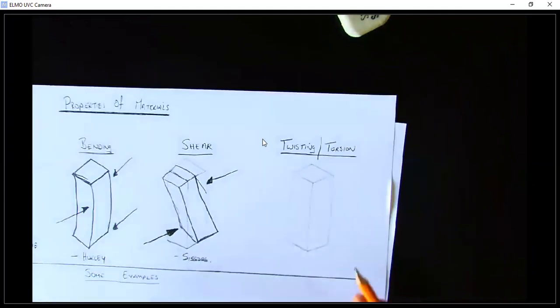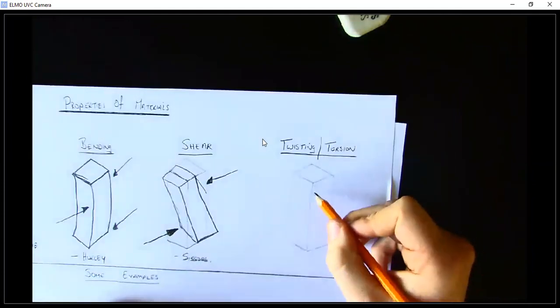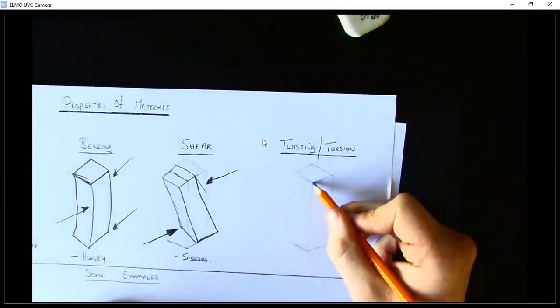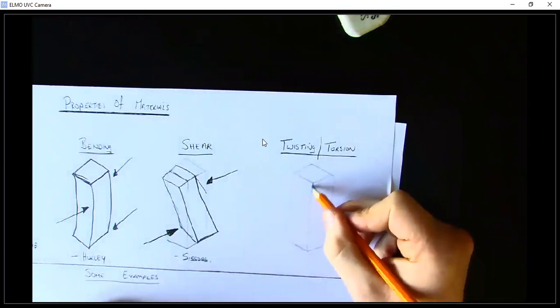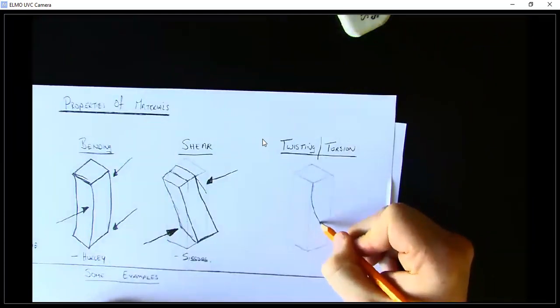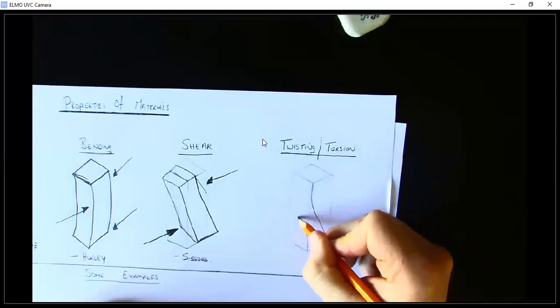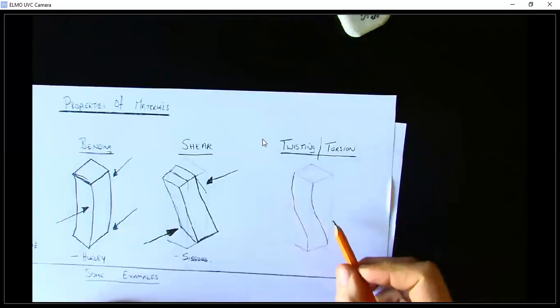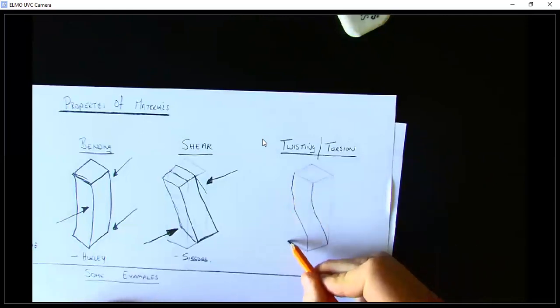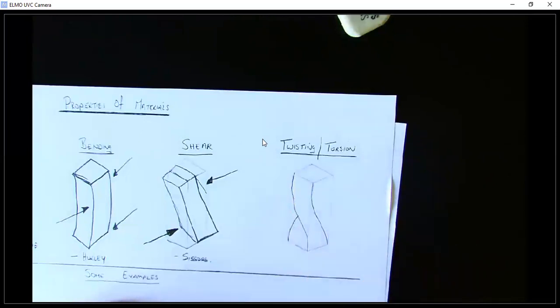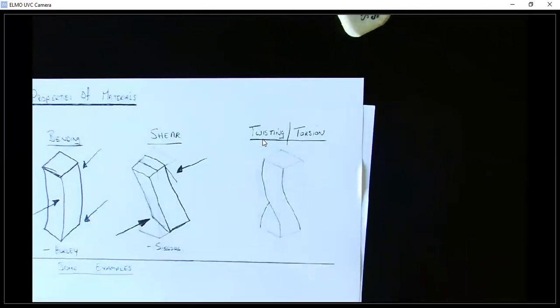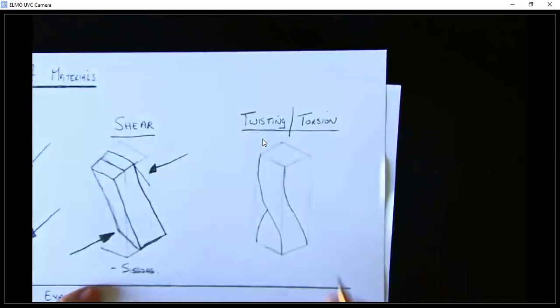Okay, so the last one is torsion or twisting. This is going to be a difficult one to draw. I'm just going to bring it down here and kind of show a curve. If I can do that, I'm going to try and copy that curve around. And this one here is going to be curving this way. I'll zoom in here, just try and copy this some way similar to what I've done.